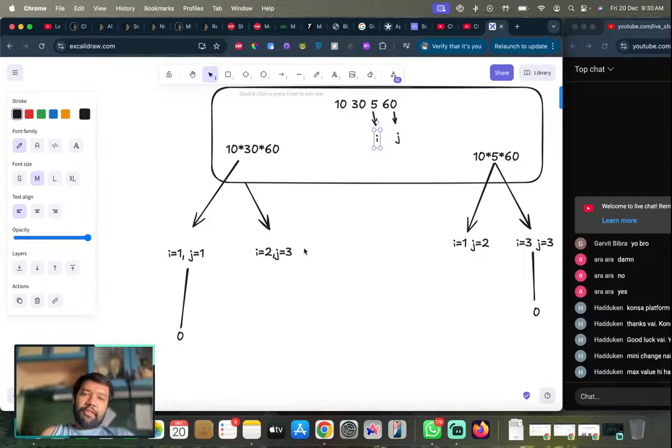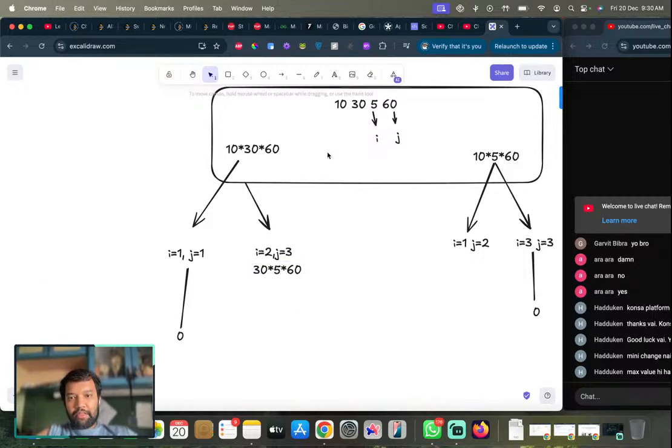So if we run this logic for I is equals to 2, j is equals to 3, so first k will be 2, and the answer here will be 30 into 5 into 60. Okay.